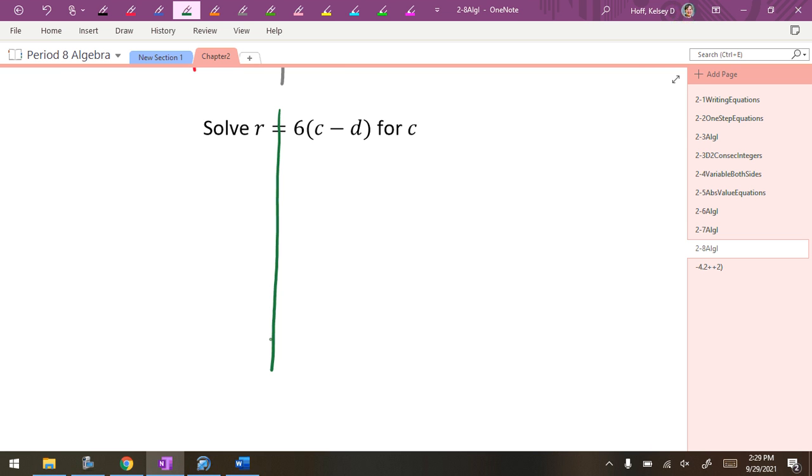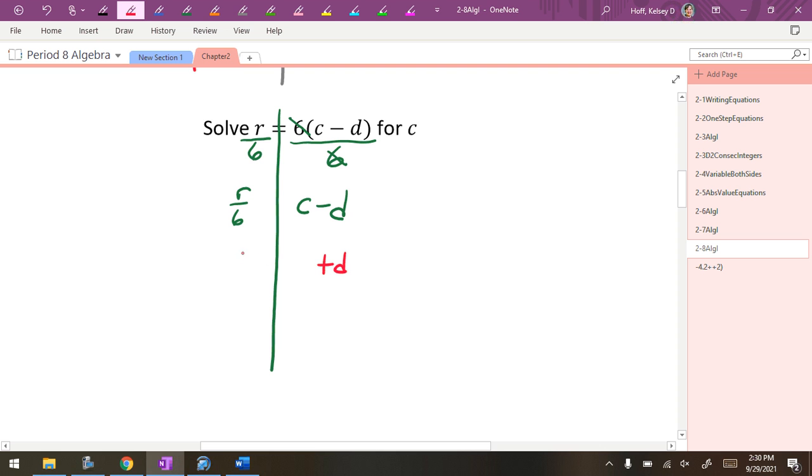So I could divide by 6, and it would cancel that 6 out front, leaving me just C minus D. Whatever I do to one side, I have to do to the other. I just want to show you why you want to divide. So on the left, I would have R divided by 6. Done? No. What do I do now?